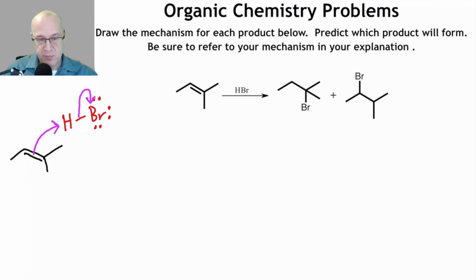So the proton deprotonates. Now at this point, the proton has a choice. Let me show you what I mean by choice. There's two different carbocation intermediates that you could potentially draw from here. Let me draw the first one.